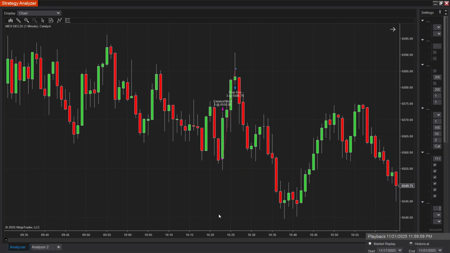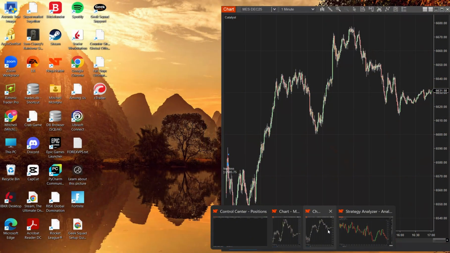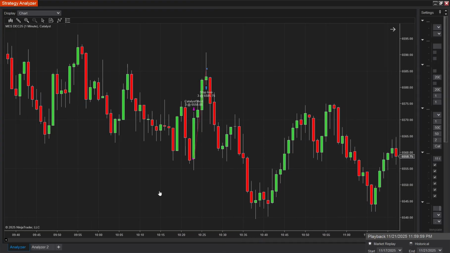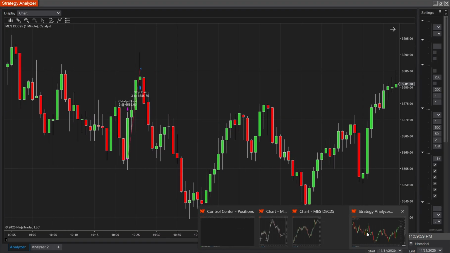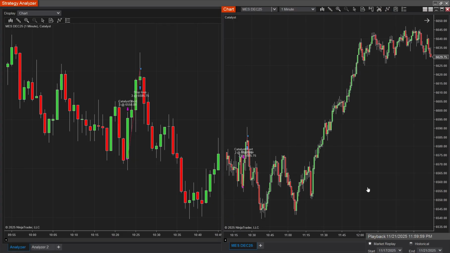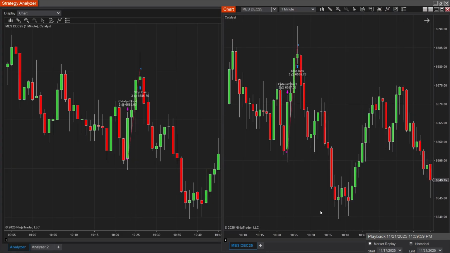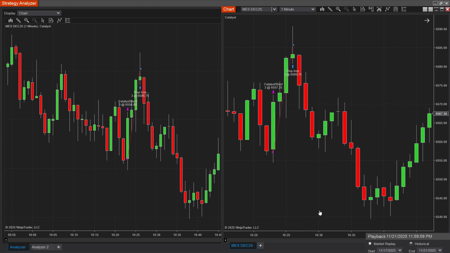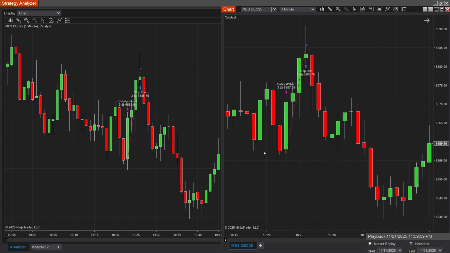As you can see, it was better in market replay. Go to the chart, and we can see that historically, it's supposed to enter on the bar open. It moved a few ticks down.